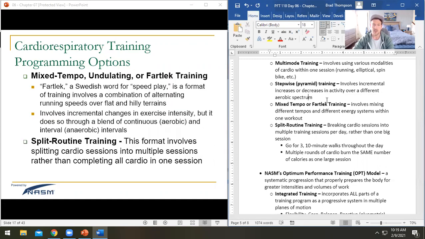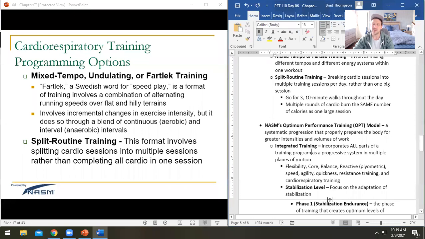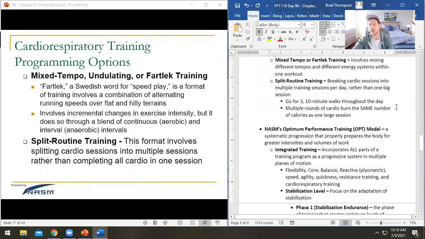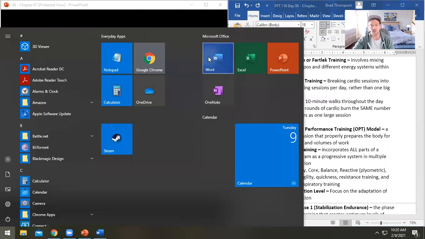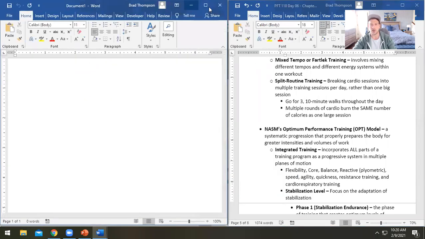There's my favorite version, which is what is called fartlek training, which is the most fun name in the world. That's right, fartlek training. It is a Swedish word that means speed play. And so this is mixed tempo training. This involves mixing different tempos and different energy systems. A really good version of this would be creating a cardio routine like this.